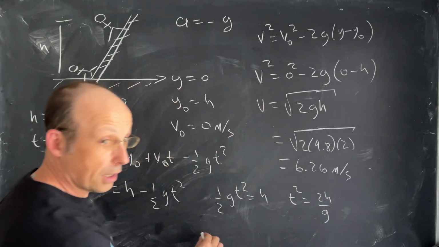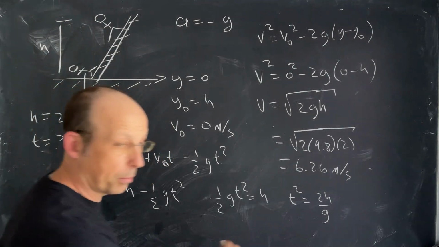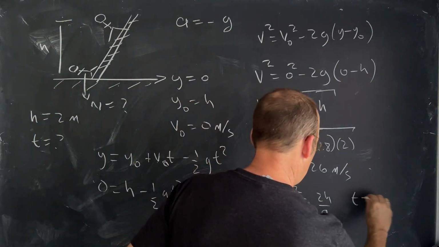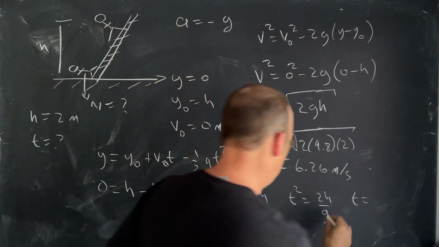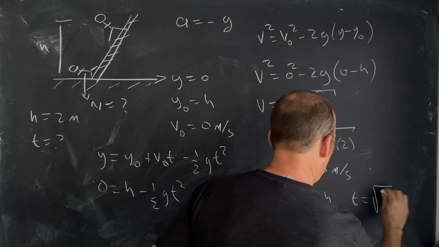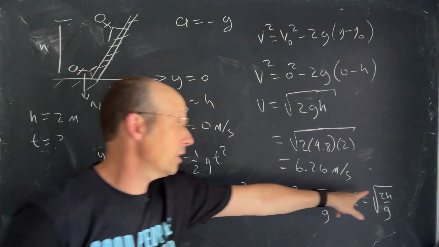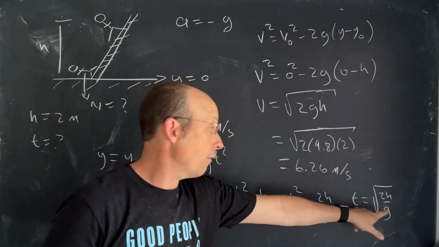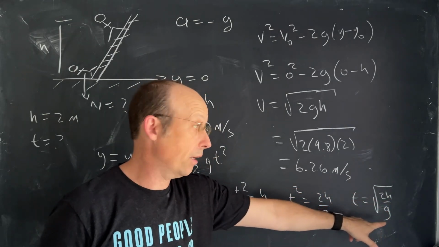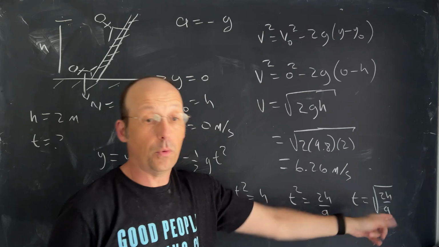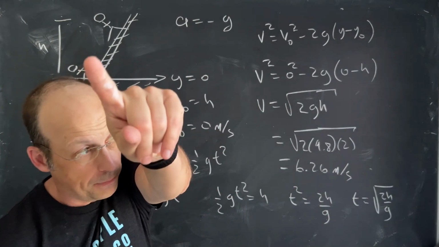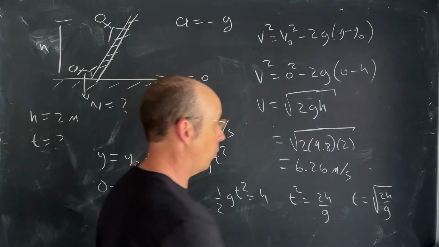So t is the square root of 2h over g. Let's just check, right? h is in units of meters divided by meters per second squared. So this whole thing is going to be seconds squared, and when I take the square root, I get seconds. So that's going to work.